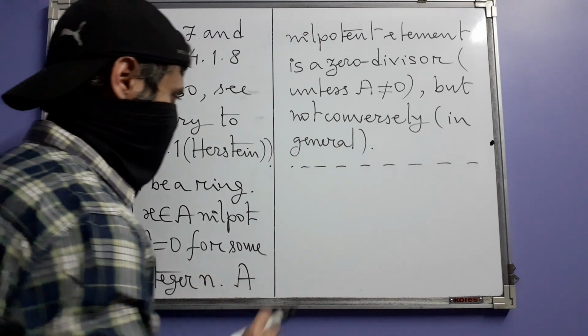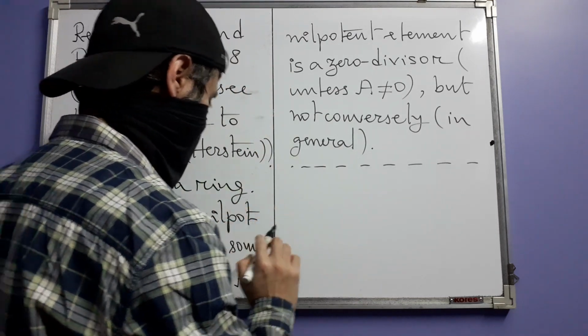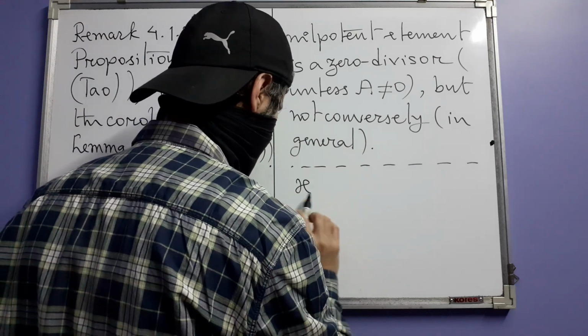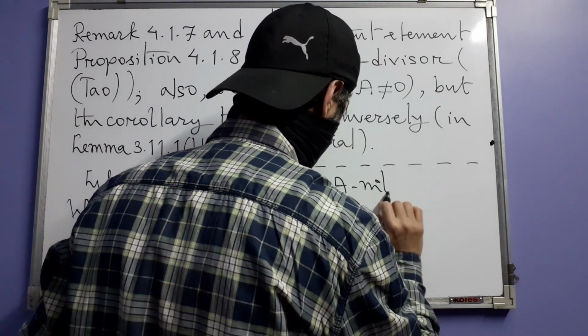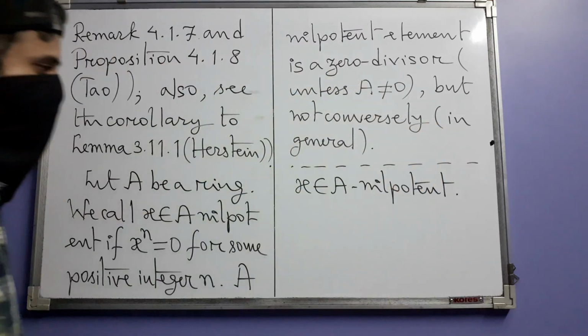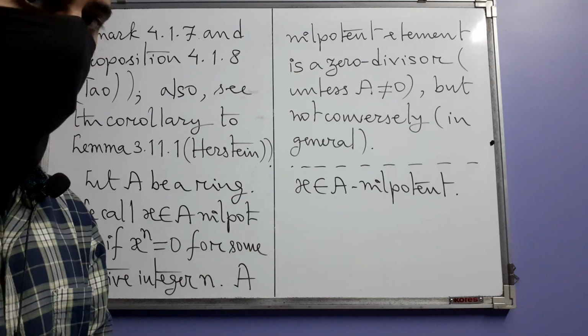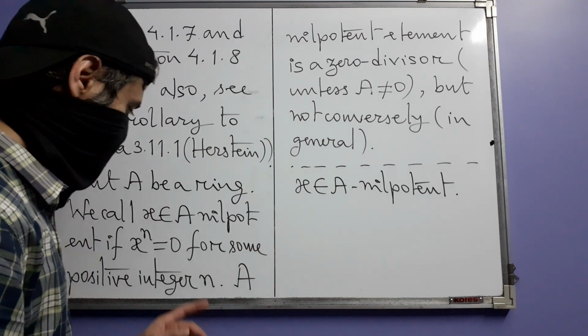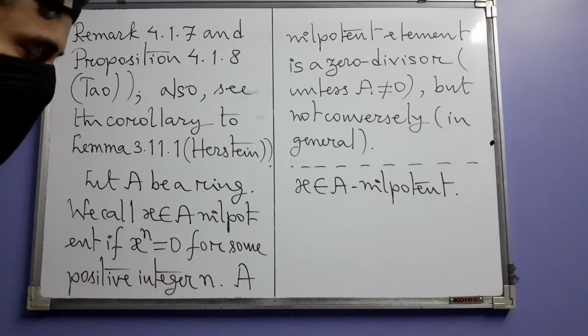Okay, so let's see. Suppose that you have our ring A and x in A is nilpotent. We are saying that x will then be a zero-divisor. How? By definition, some nth power of x is equal to 0.